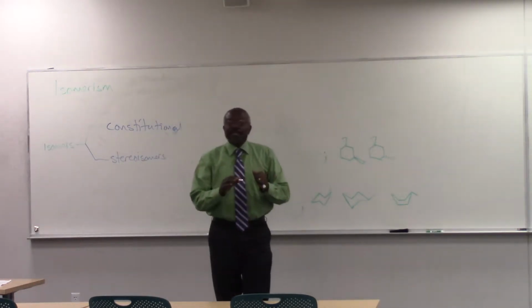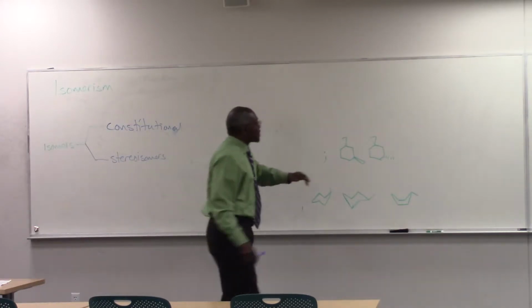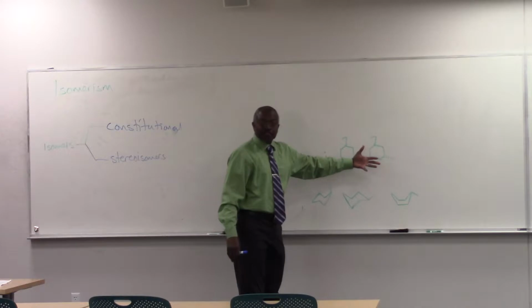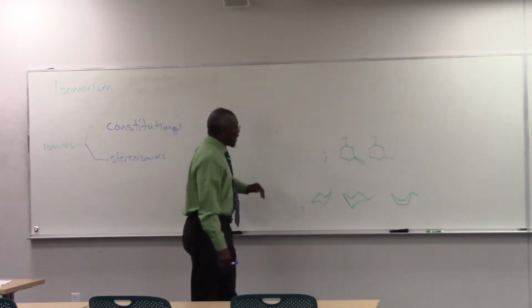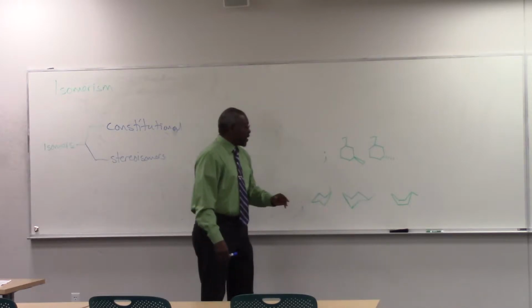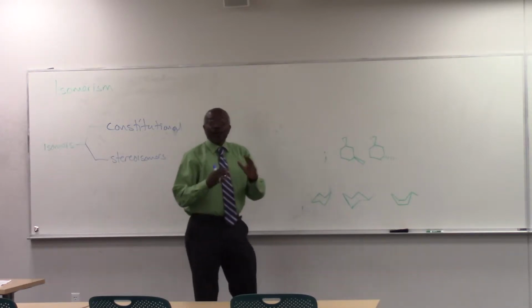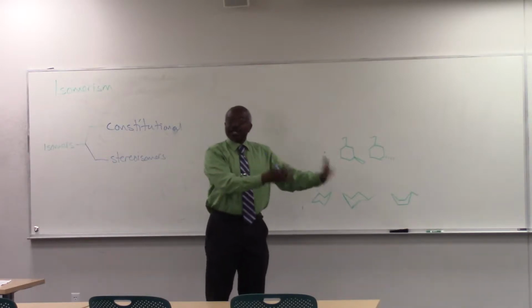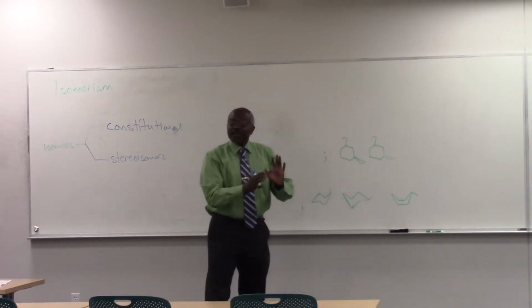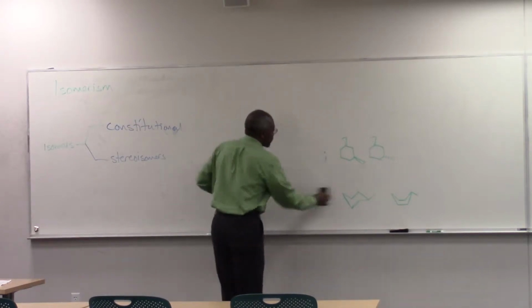They have the same connectivity, but their three-dimensional arrangements differ. So that means that my geometric isomers, cis-trans, my conformational isomers, whether we're dealing with the axial, the equatorial, the chair, the boat, they are all types of stereoisomers. They've got the same connectivities, but the groups differ in their three-dimensional arrangement.